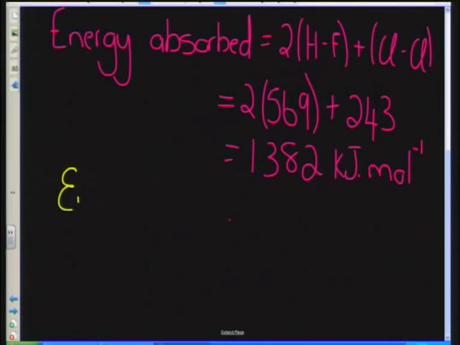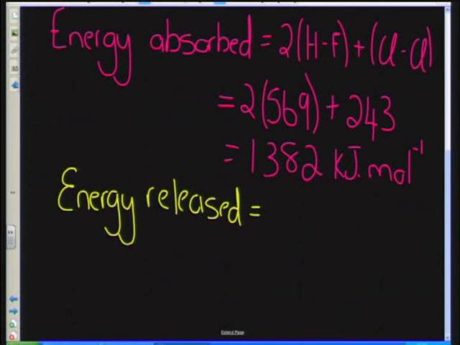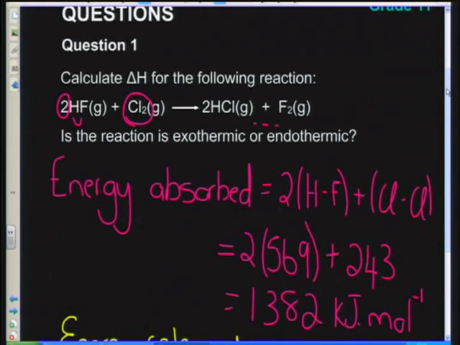And now we need to look at energy released, because we're making new bonds. So we go back up, and there we go: 2 HCl bonds, 1 fluorine bond.